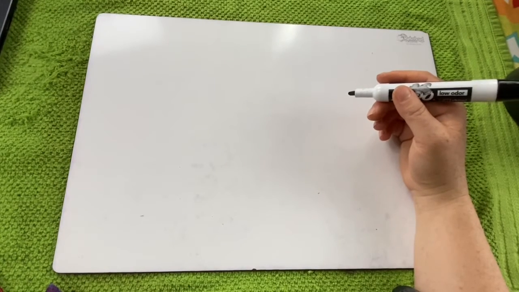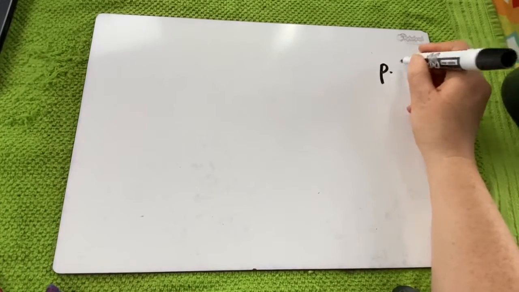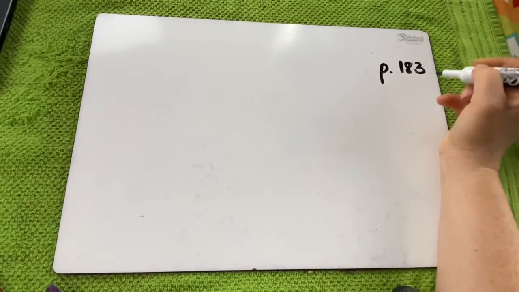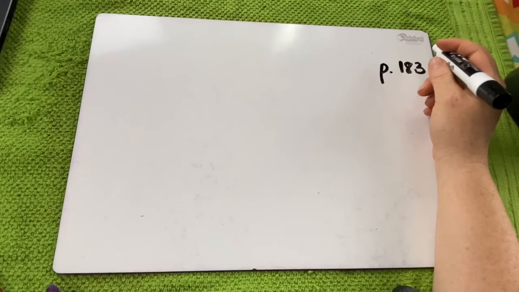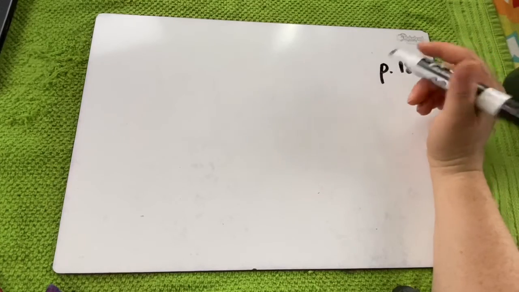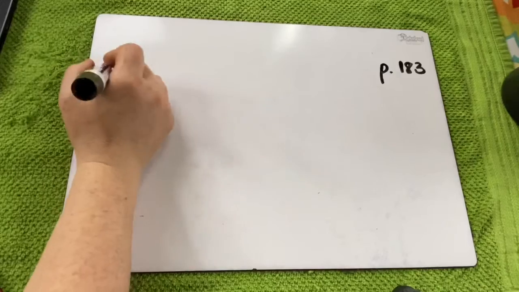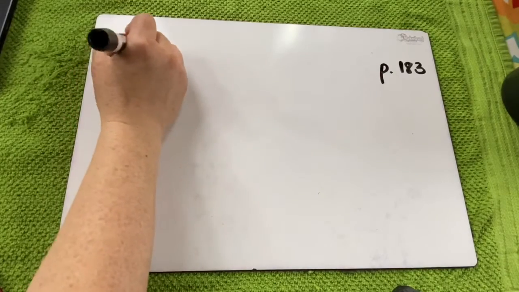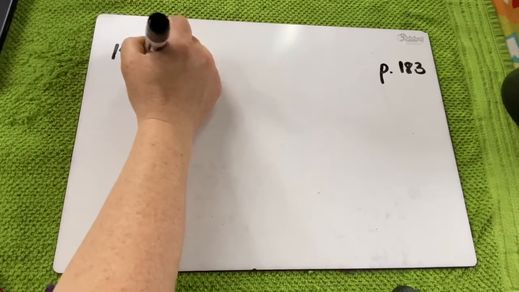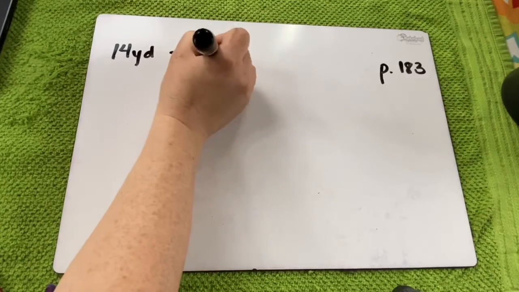Okay. Why don't they make it this easy? Okay, so I'm just going to go to page 183. And we're going to go for the easy ones. Which model would you use to change 14 yards into feet? So they have 2 options. They want 14 yards into feet, right?